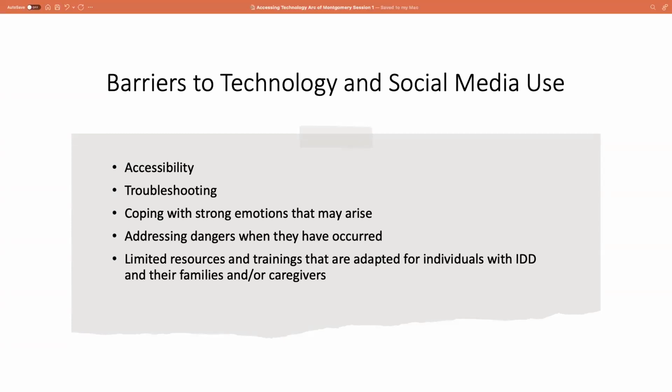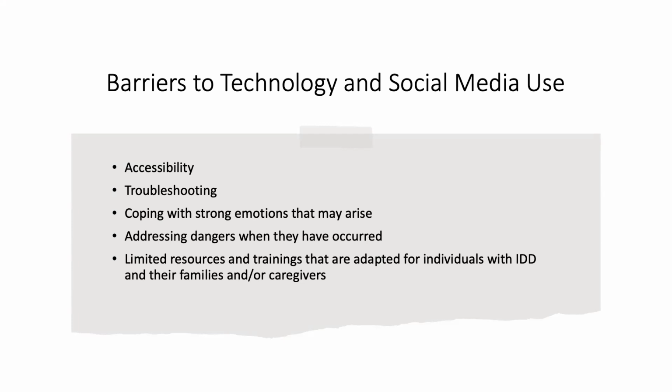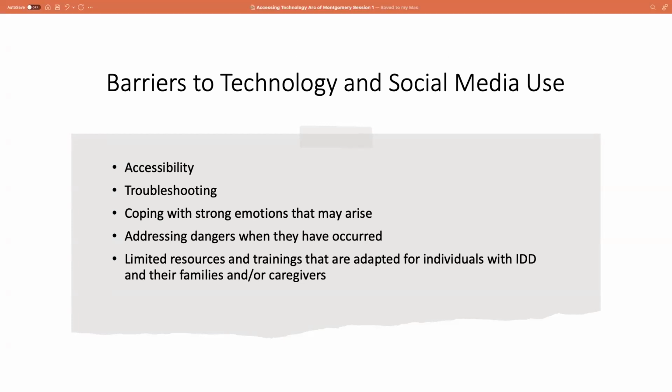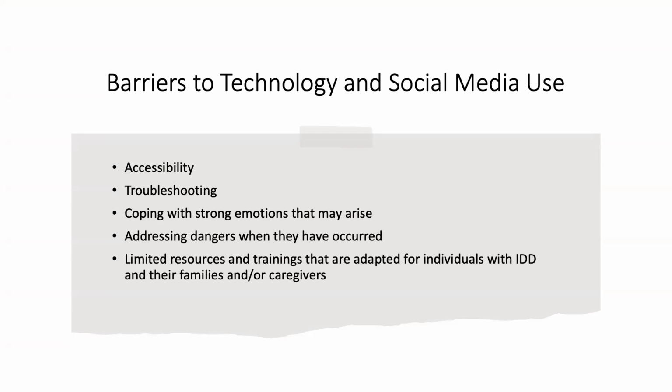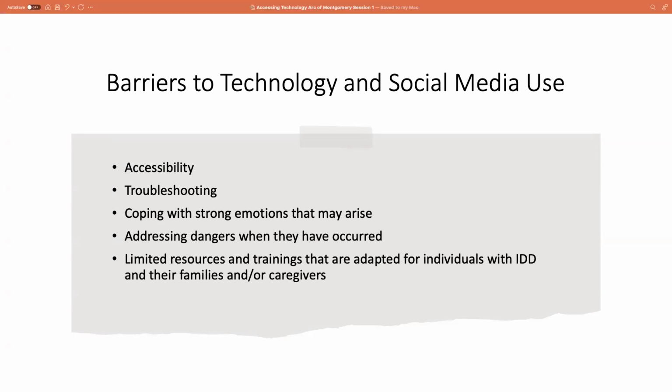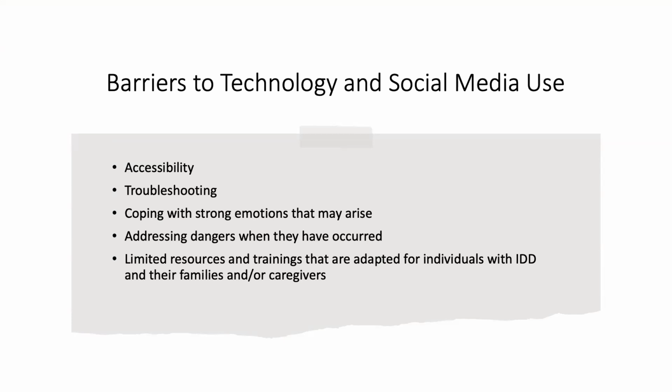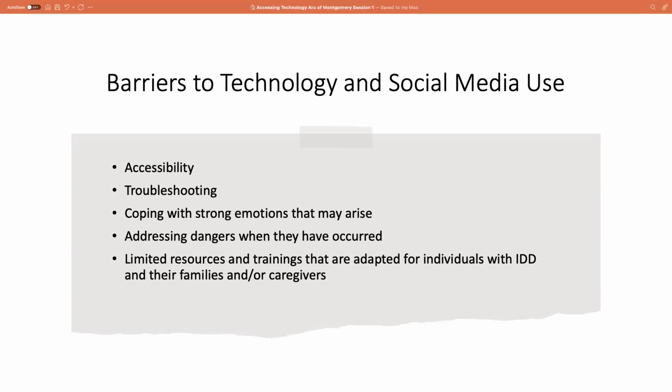So when these dangers occur, how do I address these? What do I do? I worked with a young adult. I think she was 22, on Facebook. Some stranger reached out to her and told her to take a video of herself changing clothes. And she did it. She didn't know what the danger of doing it was. She did it and shared it with him.